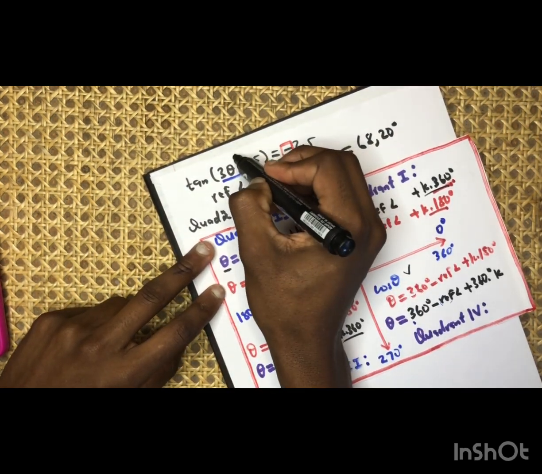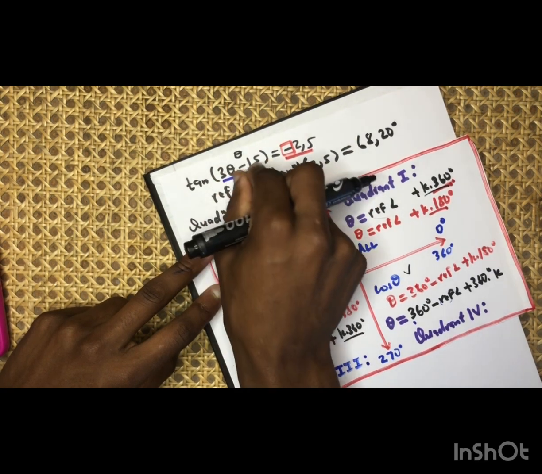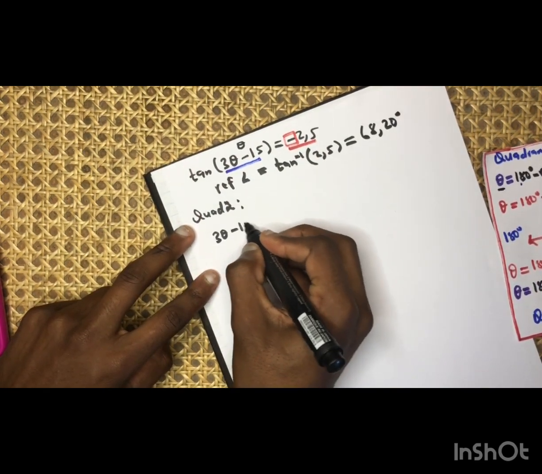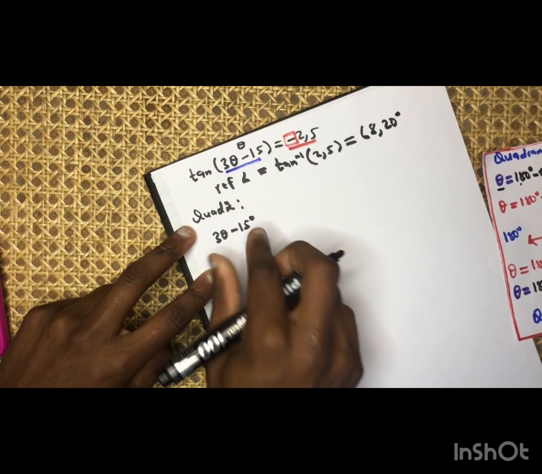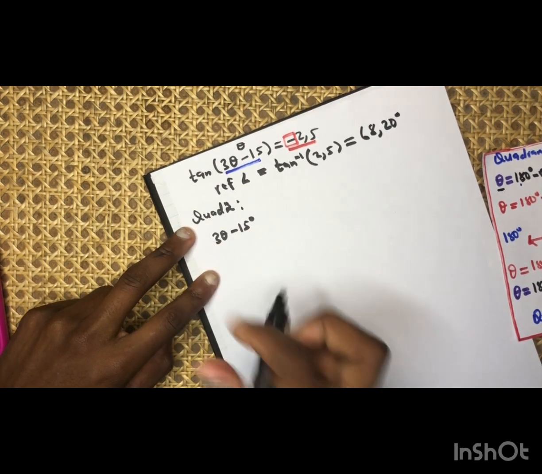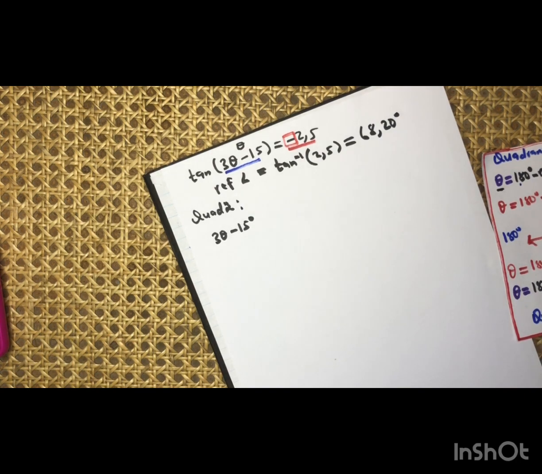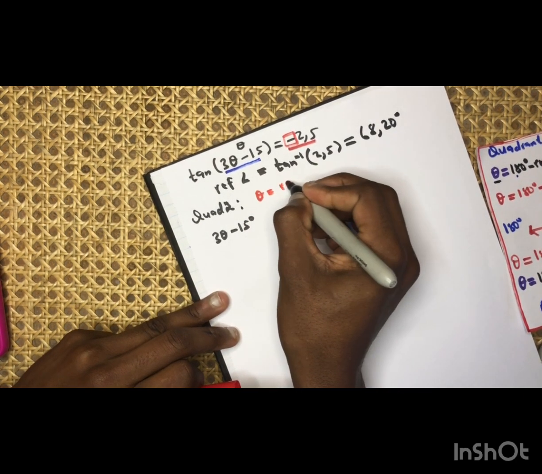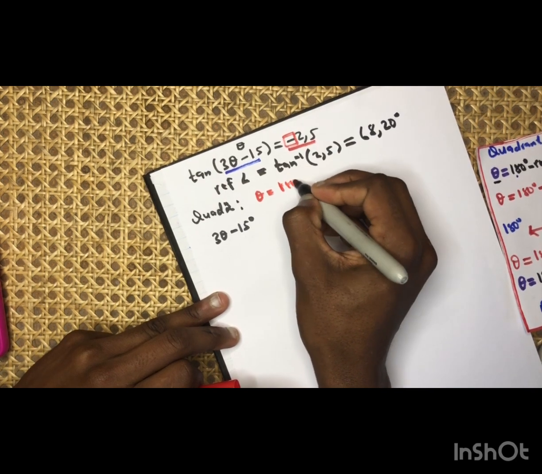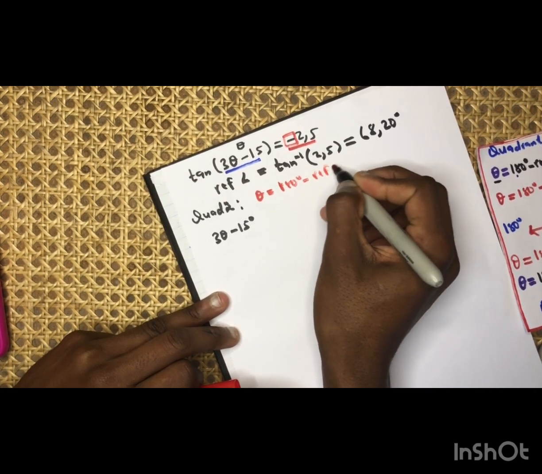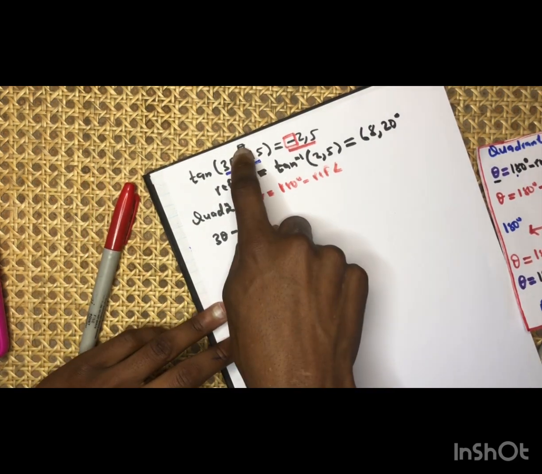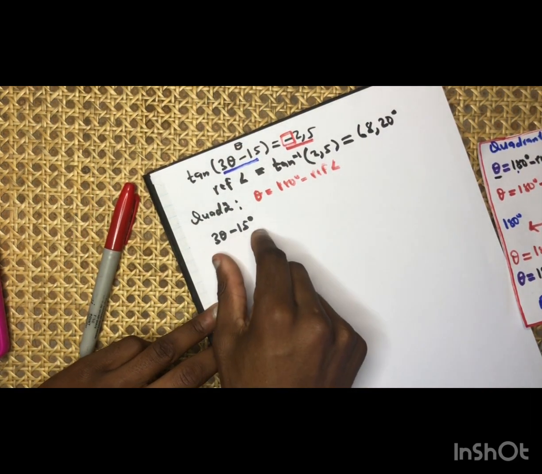So theta now in this case will be 3 theta minus 15. So I'm going to say 3 theta minus 15. Understand? So that's my theta, guys. I hope you understand, guys. So this says theta is equal to 180 minus your reference angle. Understand? So now in this case, guys, our theta is 3 theta minus 15.